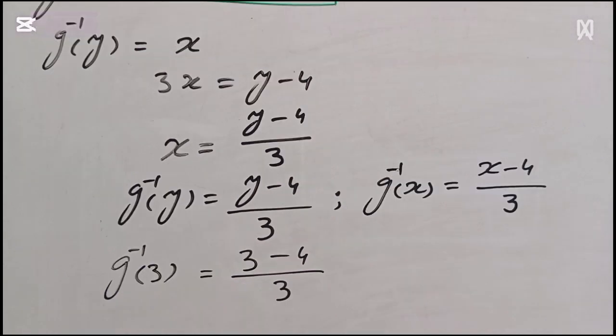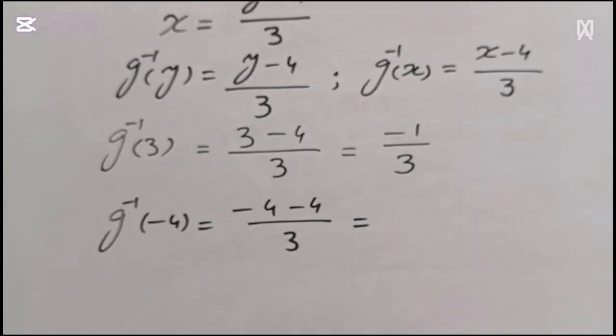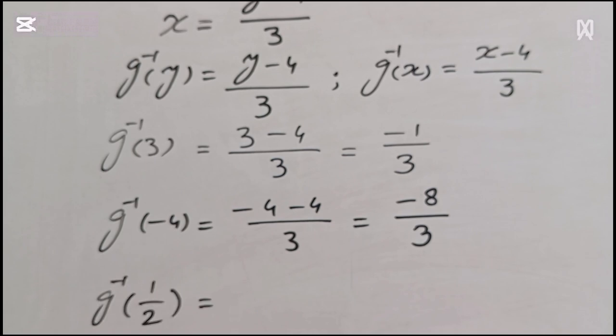Now g inverse 3 is equal to minus 1 by 3. To find g inverse at minus 4, we substitute minus 4 in place of x in the inverse function. It results in minus 8 by 3. Now g inverse 1 by 2.